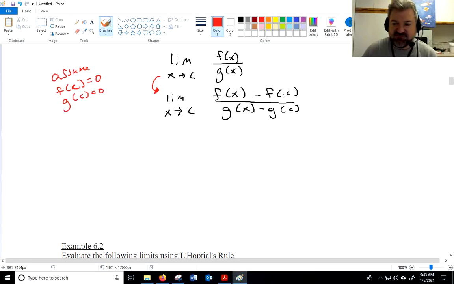But because f of c and g of c were 0, then subtracting 0 from f of x doesn't change anything. So very important consideration there. All right, and then we'll take the limit as x approaches c of, and we'll simply divide here by x minus c.